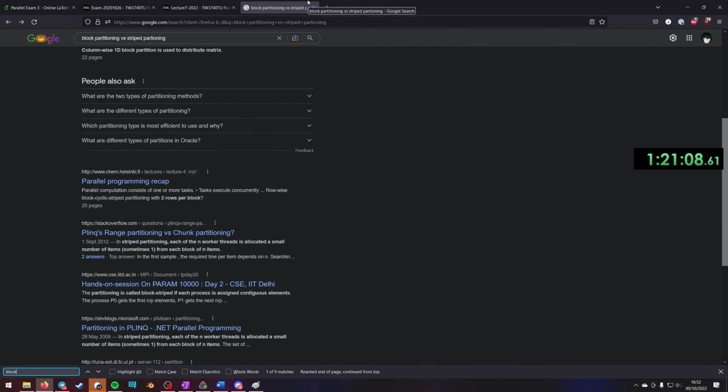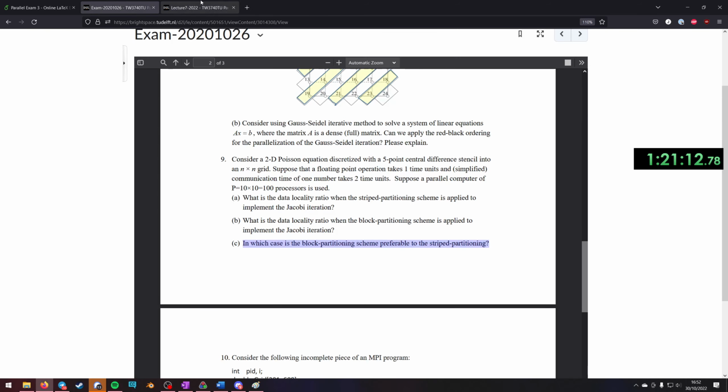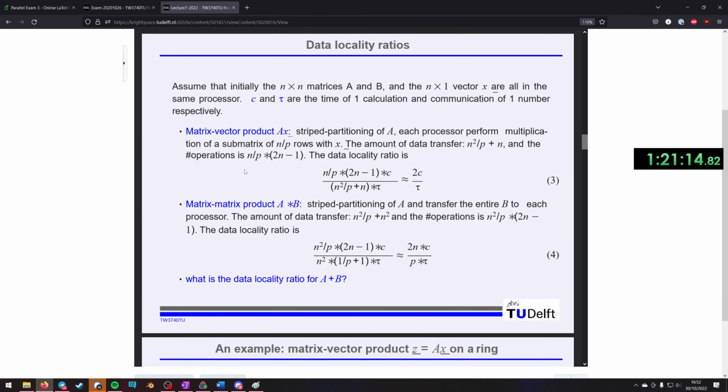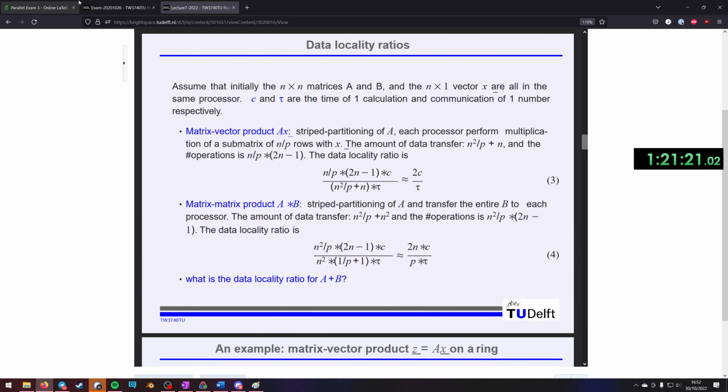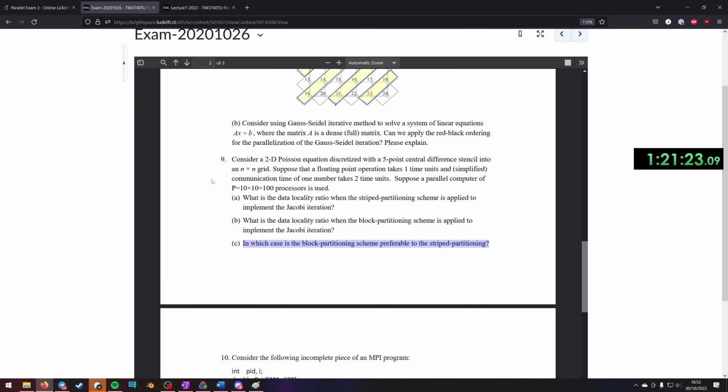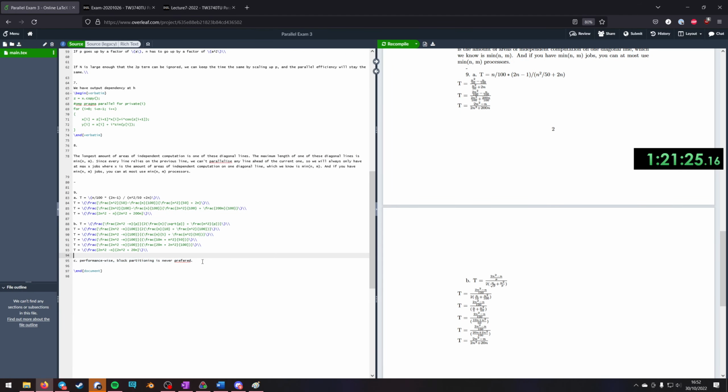Yeah, no idea. Genuinely no clue why you would ever use block partitioning. It just seems worse. Okay, well, whatever. Something we learned. Performance-wise, it is never preferred, if my answer is correct, which probably isn't.